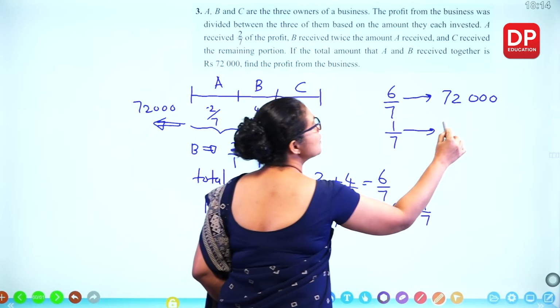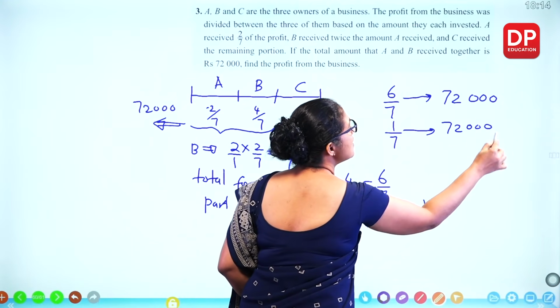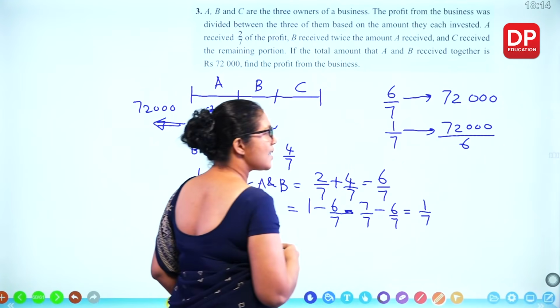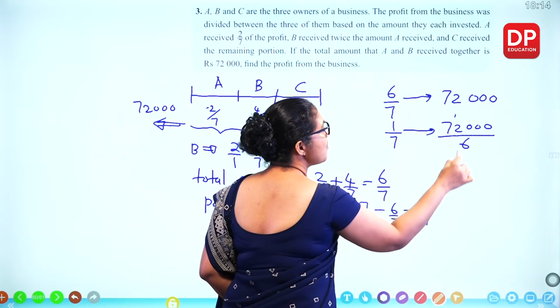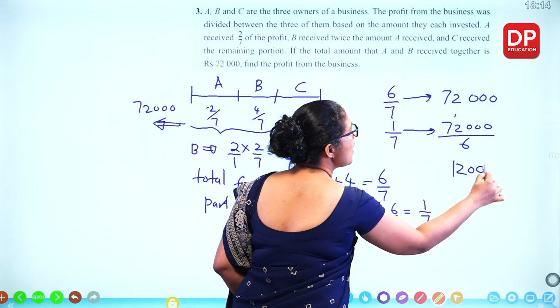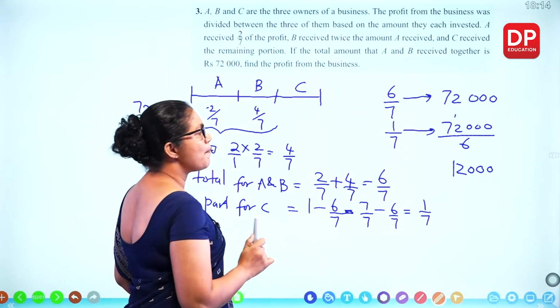So 72,000 divided by 6. What's the answer? Divide by 6. 6 times 1, 1 remaining, 6 times 2. So 12,000 for one part.